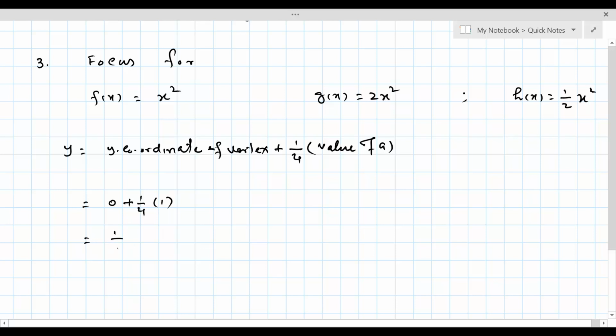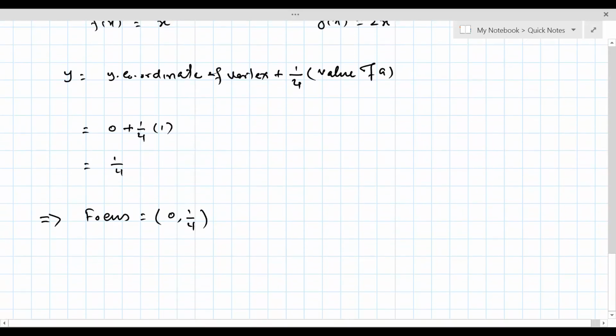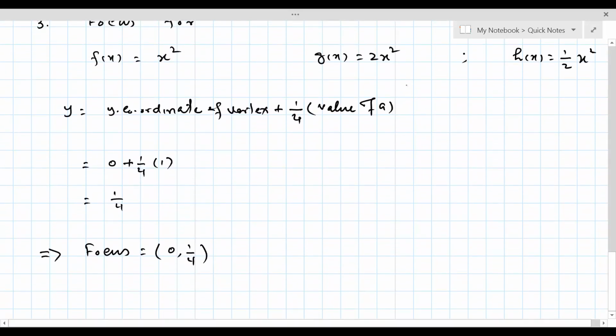Therefore, the focus is equal to 0, 1 by 4. And if we take a look at the graph of g of x is equal to 2x square, then the focus would be 0 and 1 by 4 times 2.